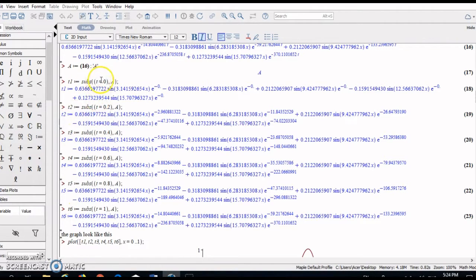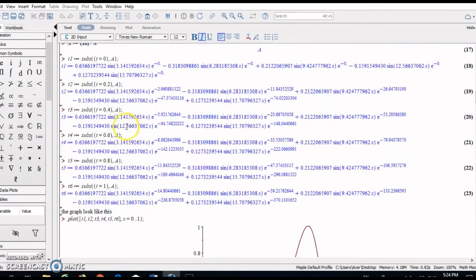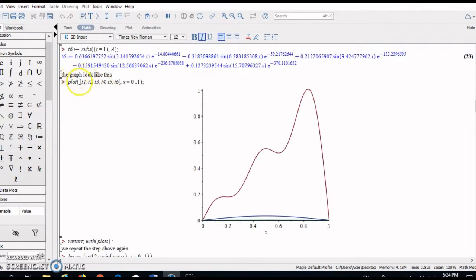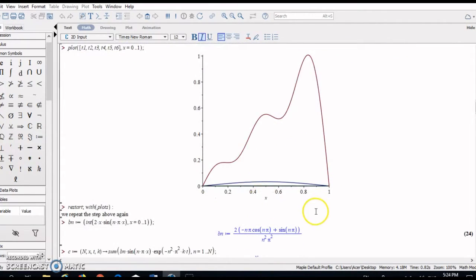We sub the t value from 0 to 1 with step size of 0.2, so t equals 0, 0.2, 0.4, 0.6, 0.8, and 1 into the a function. So we plot the graph with t1 to t6, where x equals 0 to 1, and then this is our graph for k equals 1.5.